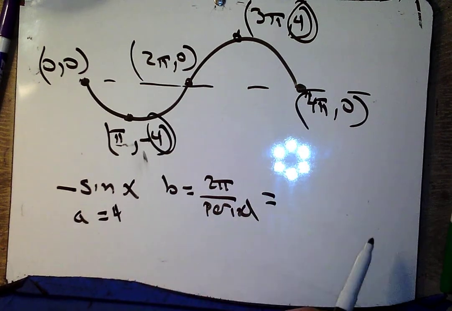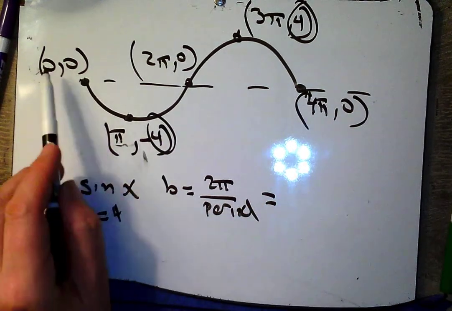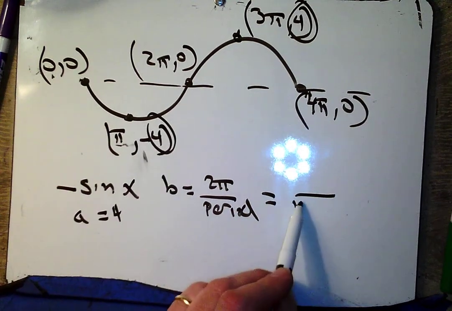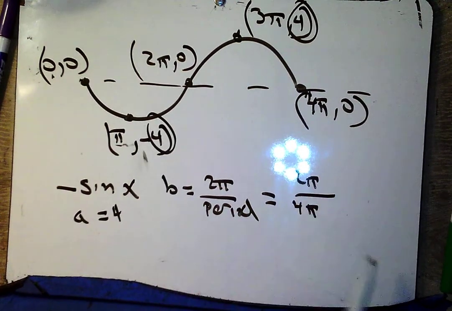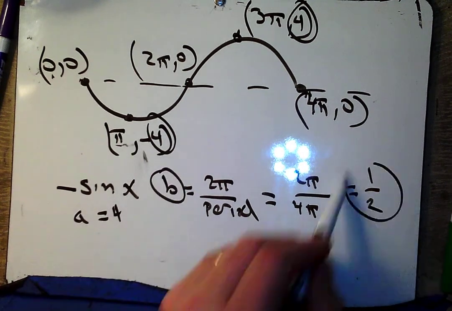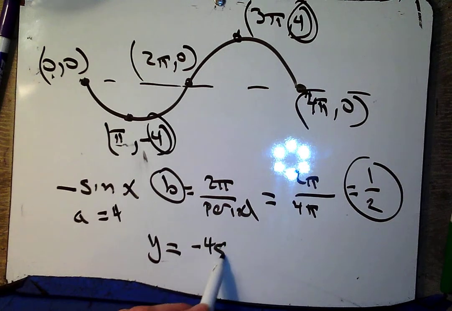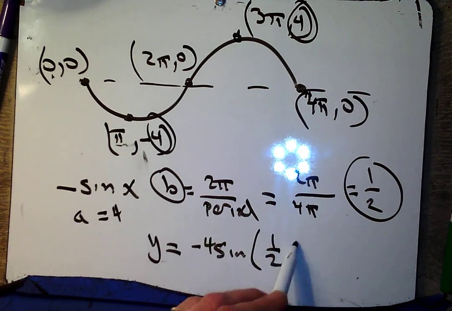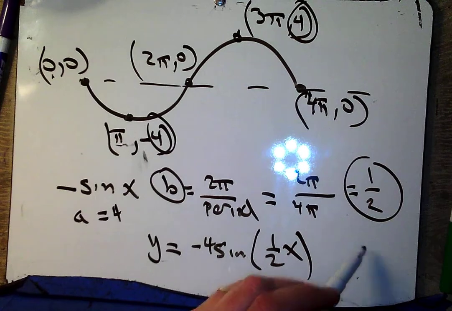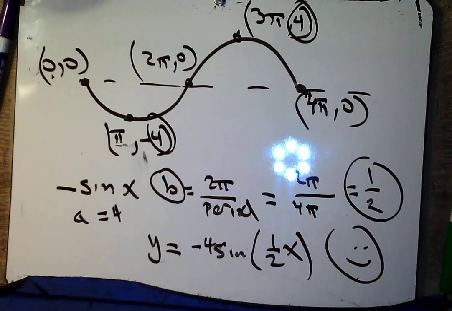What's the period here? 4 pi minus 0 is 4 pi. And that reduces to 1/2. So b is 1/2. So y equals negative 4 sine 1/2 x. Smiley face.